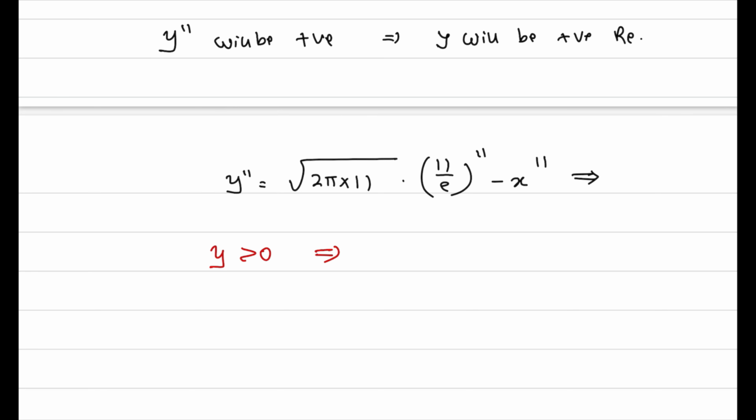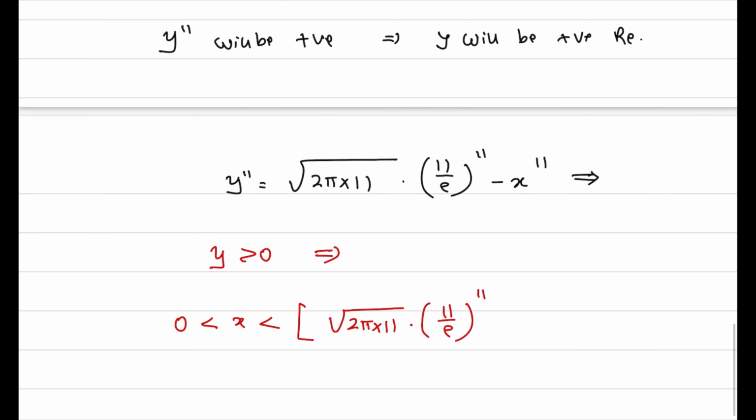And also we have assumed that x is greater than 0. Hence, 0 is less than x, x is less than square root of 2 pi into 11 into 11 by e to the power of 11 whole to the power of 1 by 11. This is the domain of x.